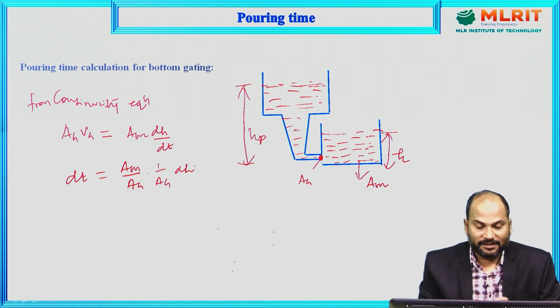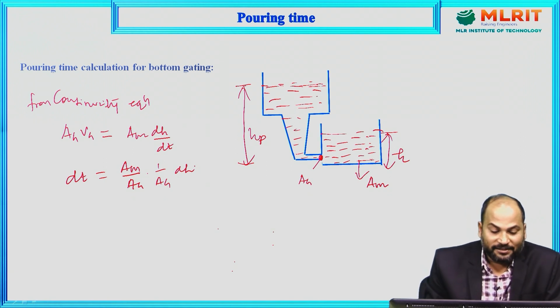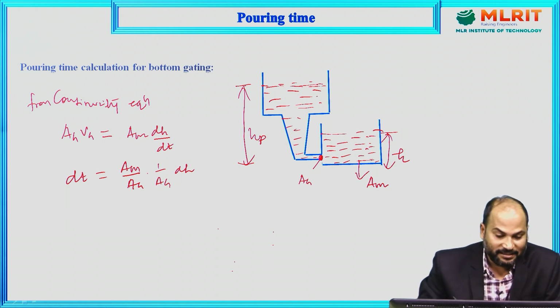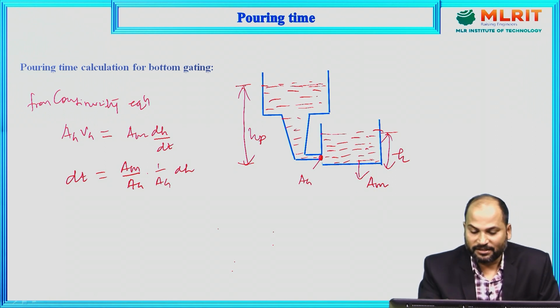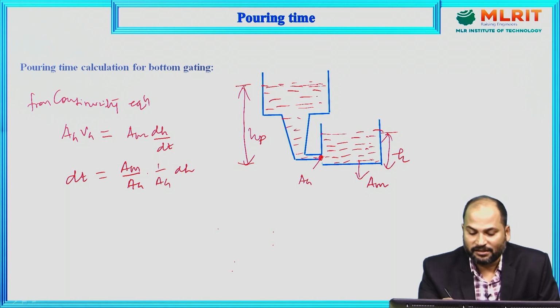But the interesting thing in this expression is that we will have to be careful here. This dH is not independent of the gate velocity. Why is this? When there was no liquid in this mold cavity, the velocity at the gate, VG, will be very high.